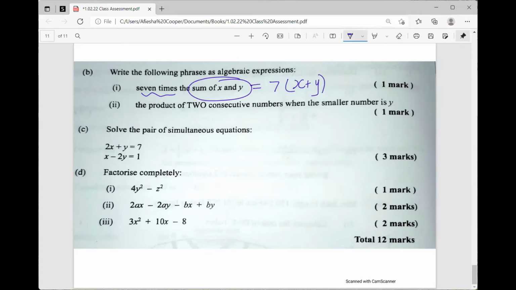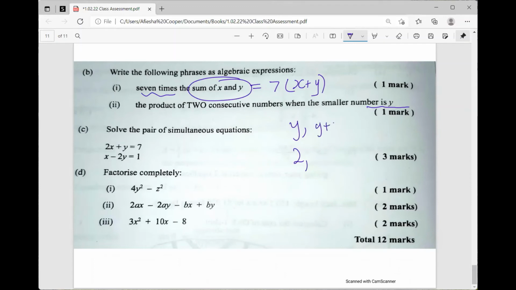Thank you. So, all right, the product of two consecutive numbers where the smallest number is y. So if there's a number y, what's the next number after y? Algebra. What's the next number after y? What's the number after 2? Because I just put y plus 1.